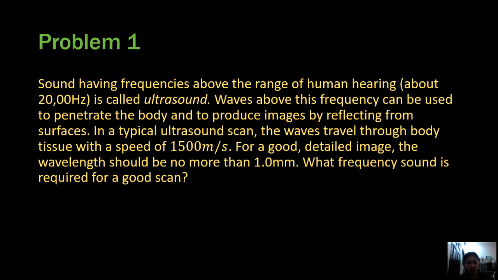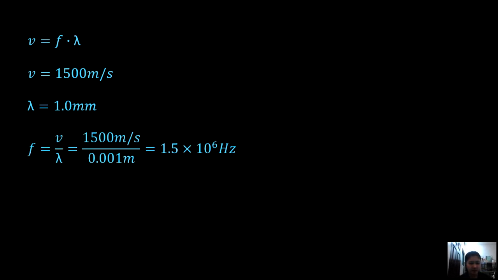The formula that we would use is, we know that velocity is equal to frequency multiplied by the wavelength. We have to isolate the frequency in that formula so we can solve for it, because we have the velocity and the lambda. Using algebra, we would get frequency is equal to velocity divided by the wavelength, which is the velocity of 1,500 meters per second over the wavelength.